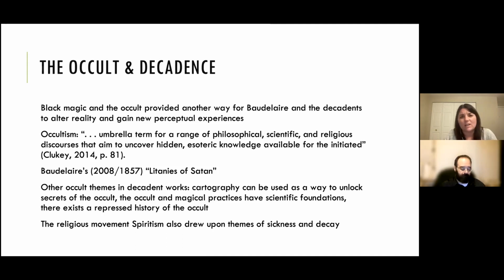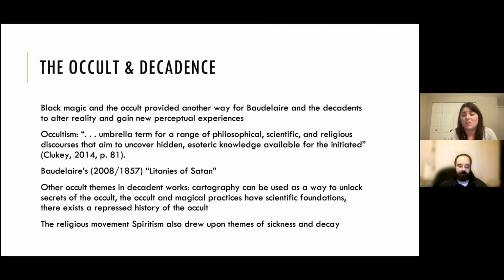In Litanies of Satan, Baudelaire reimagines Jesus Christ as God's victim rather than humankind's savior, who's calling out in prayer to Satan to be relieved of his earthly sufferings. And in addition to Satanism, which a lot of decadents were drawn to as their way of breaking away from traditional bourgeois religious beliefs, and again, another way to transform reality, we also see other occult themes like cartography being used as a way to unlock secrets of the occult.